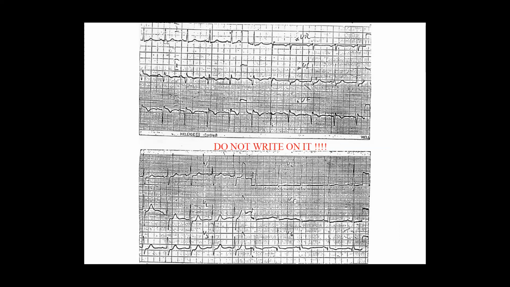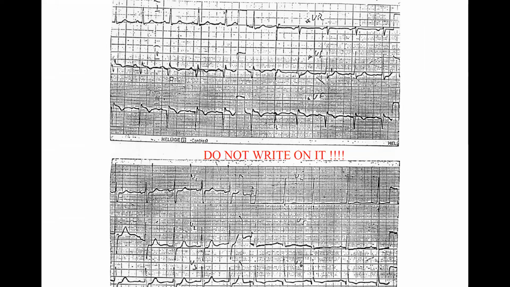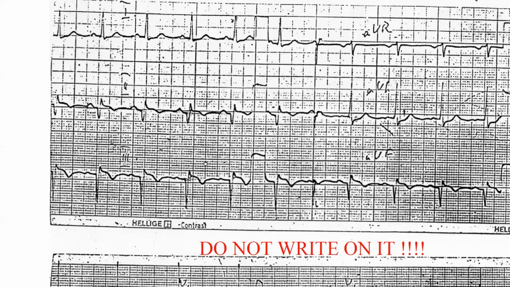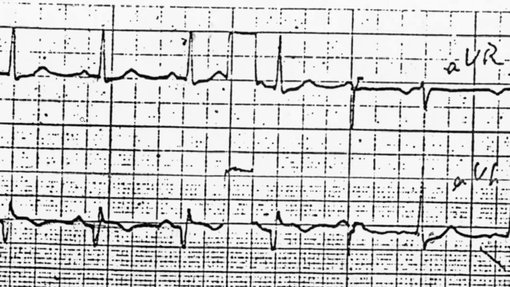Is it not narrow? Why? What is the problem with the QRS complex? It's not wider than expected. Look, this is about 2 millimeters. It's 0.08 second. It's normal.